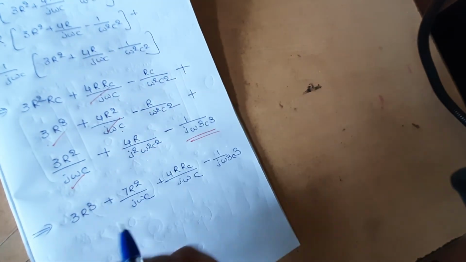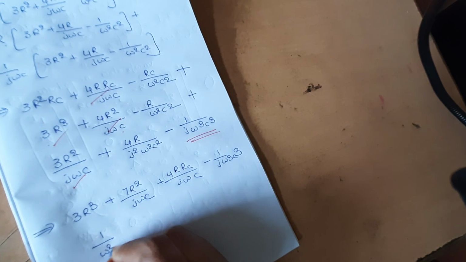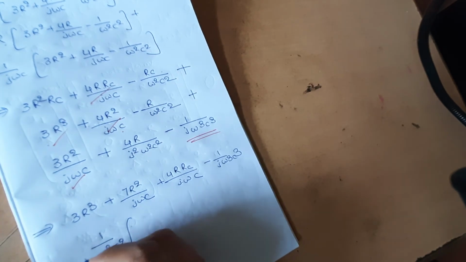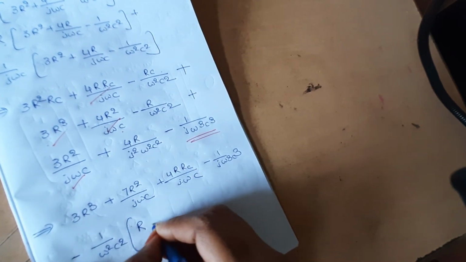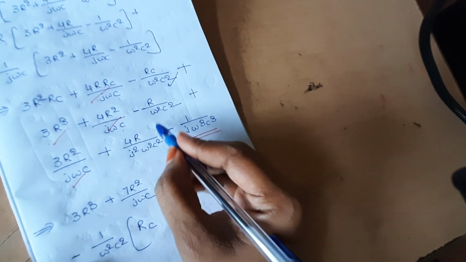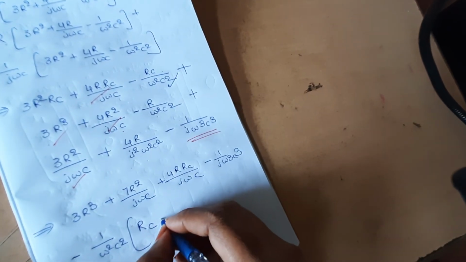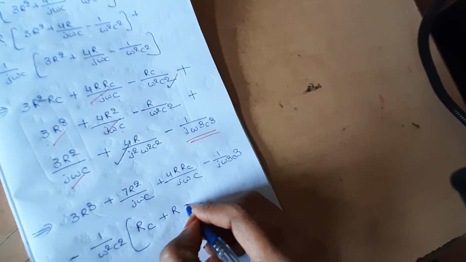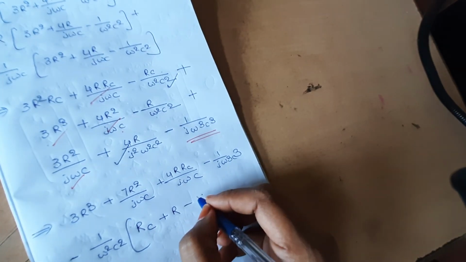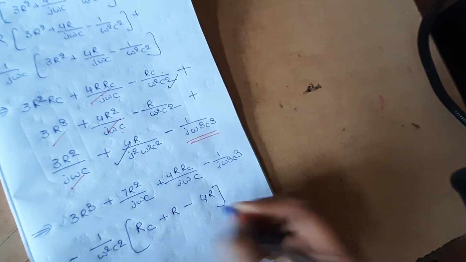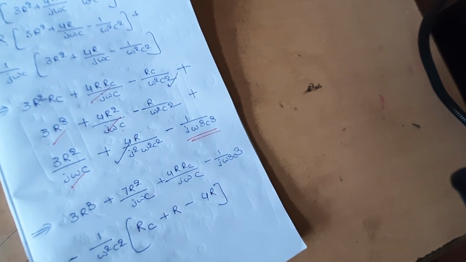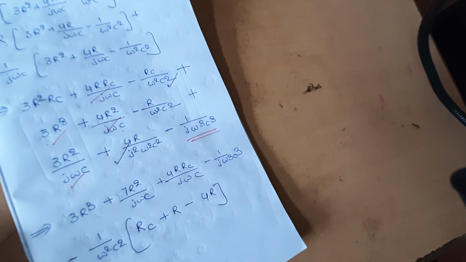For the remaining three terms, I took 1 by omega square C square common. So taking 1 by omega square C square common, minus becomes plus, RC for this term, and for this term plus R, and for this term minus 4R.